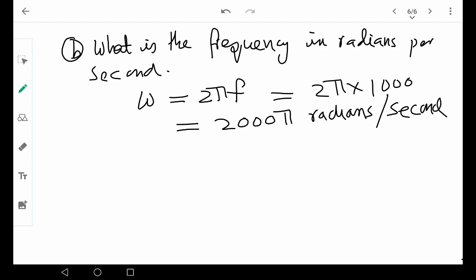That is the angular frequency. So the third thing is given by, what is the right expression for i(t)?